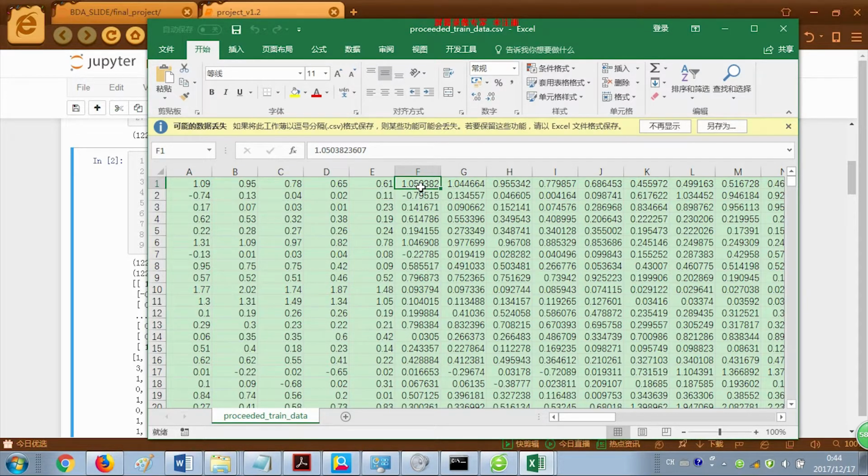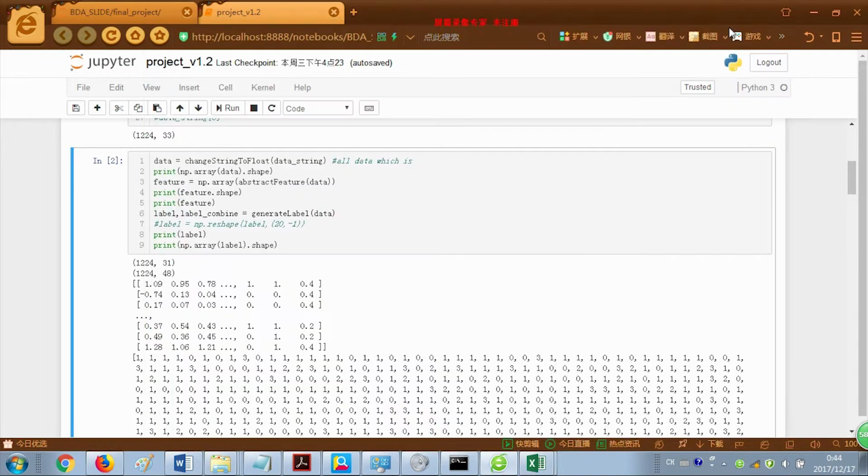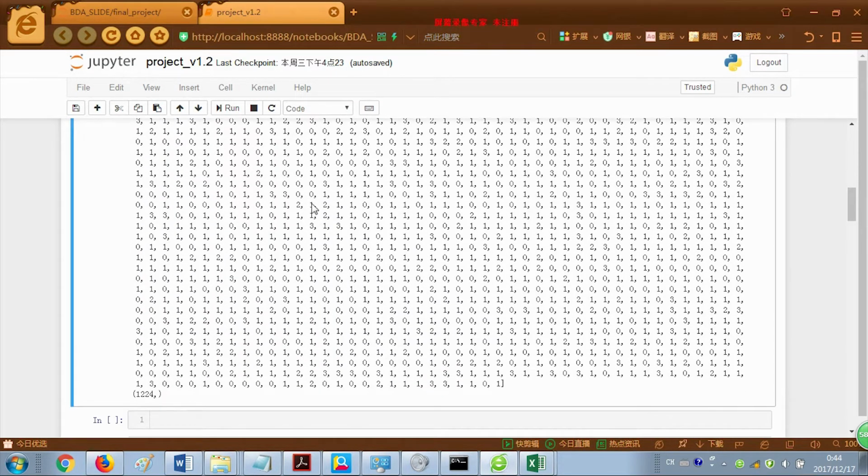You could find that data that was almost 1 million was rescaled into only 1.05, so it's much smaller. Only in this way could we give every feature an equal chance and make our machine learning model have the best training and testing accuracy.